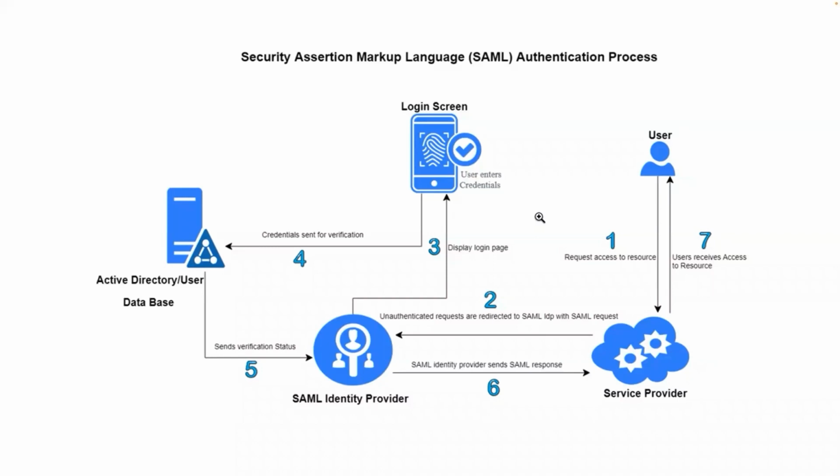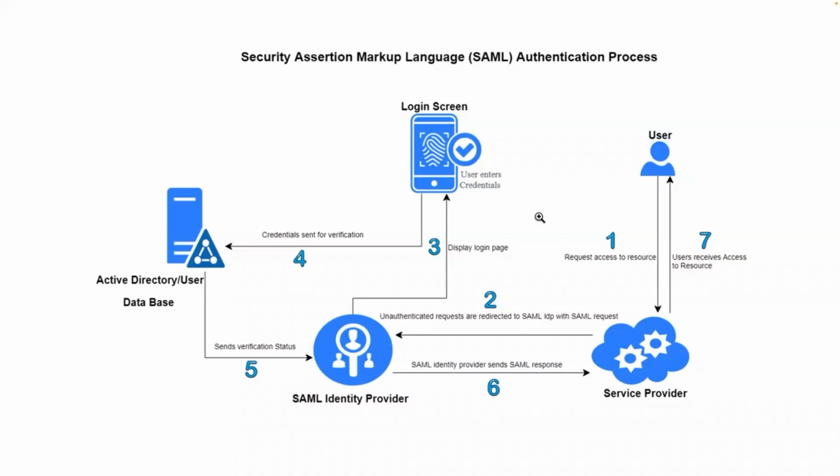So you can see the first step over here is the user will come and send a request to the service provider, which is FortiWeb in our case. It will send the request to the SAML identity provider, which is the IDP, which will have a database. You can see over here, the user will be given a login screen. They will enter the credentials, and then those credentials are verified in Active Directory or the user database.